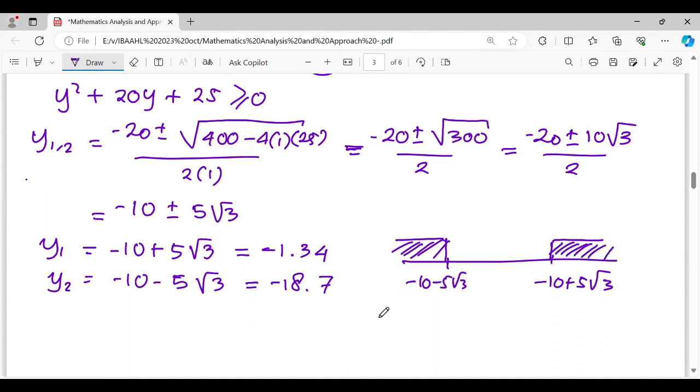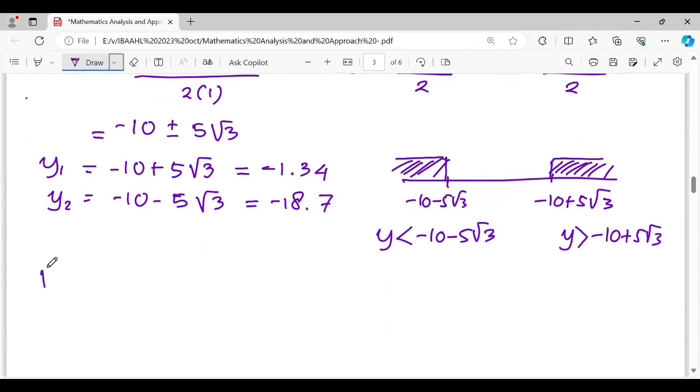This area is y less than minus 10 minus 5 square root 3, while this area is y greater than minus 10 plus 5 square root 3.